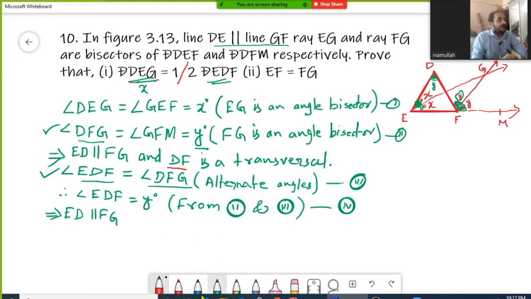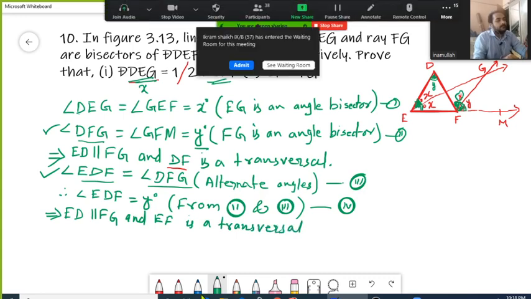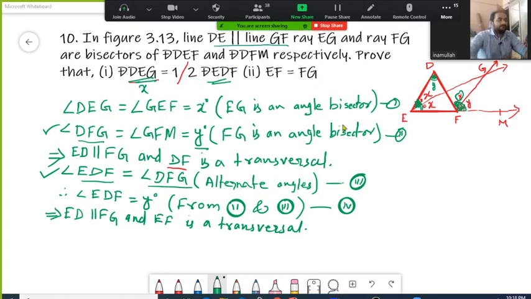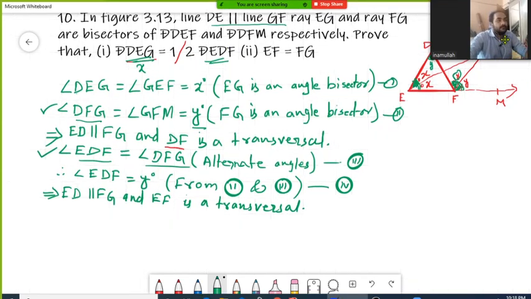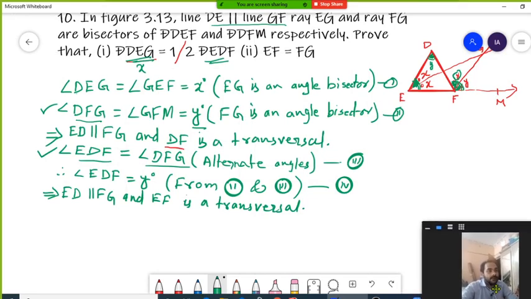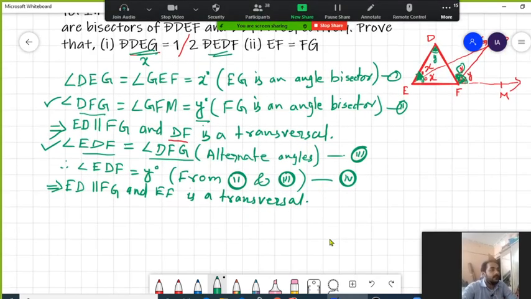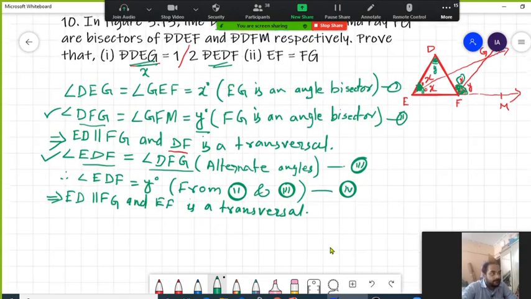So here I'll take ED parallel with FG and EF is a transversal. So if EF is a transversal, then I'll keep this here so that we can refer to our diagram.